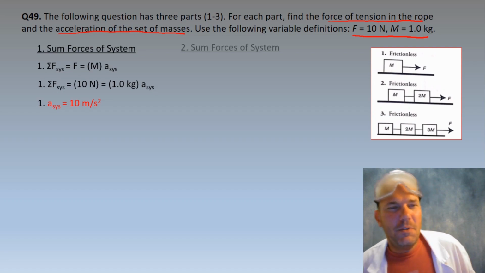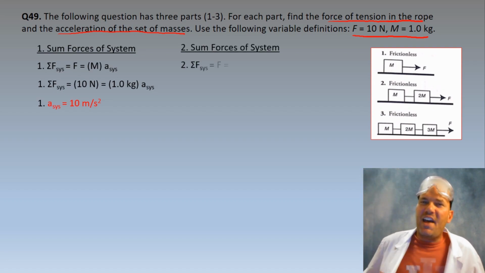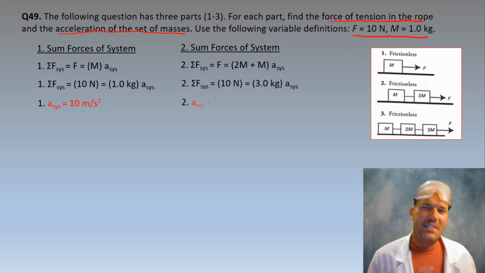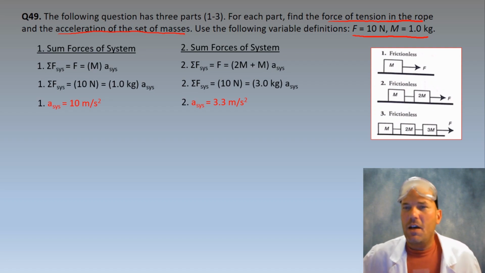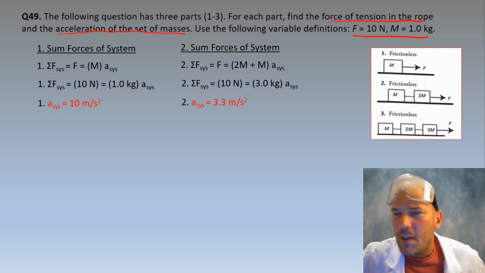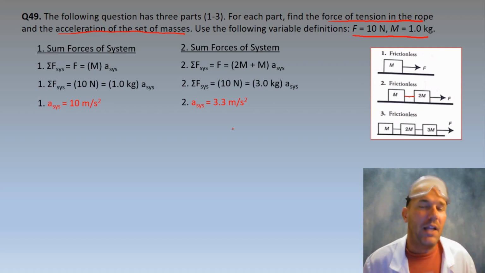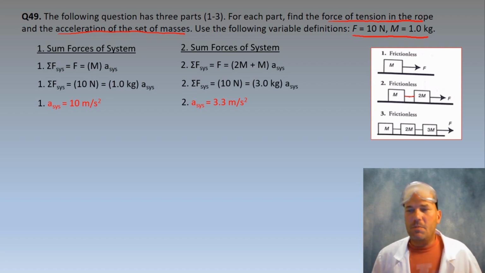Okay, let's move on to something a little more challenging. So here we actually have a system composed of 2 objects connected by 1 rope, and that same force acting to the right. Consider it like a force applied, if you would like. Some sort of contact force to the right.